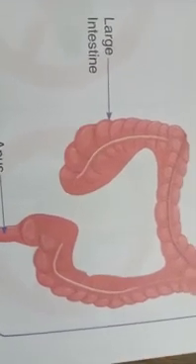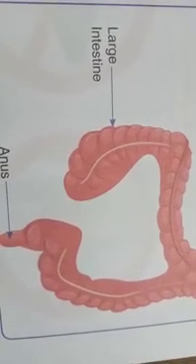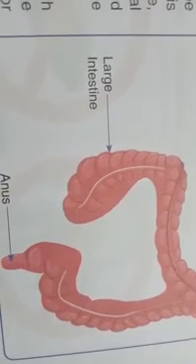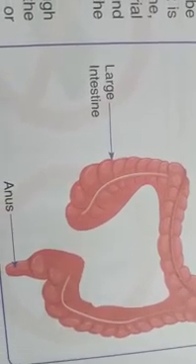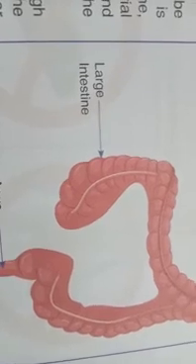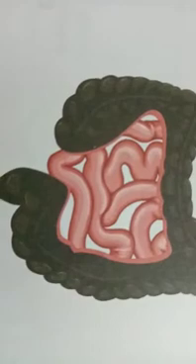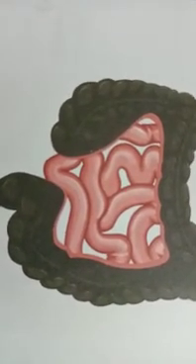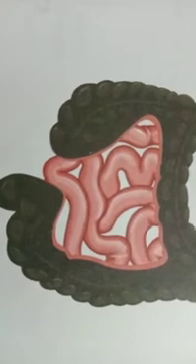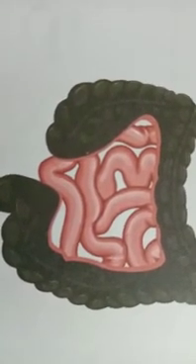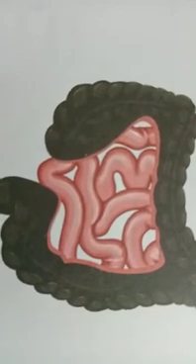Okay. So this is our large intestine. This is a thick tube and it is wrapping around the small intestine. Children, can you see this picture? In this picture, the small intestine is located inside the large intestine and the large intestine is wrapping around the small intestine.